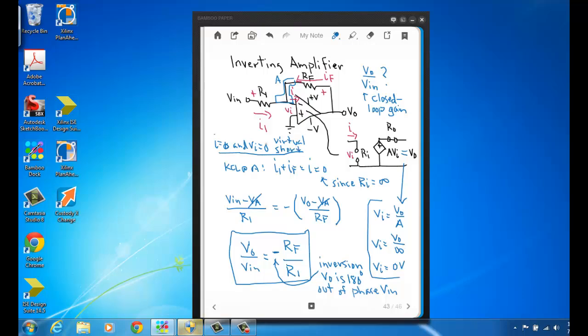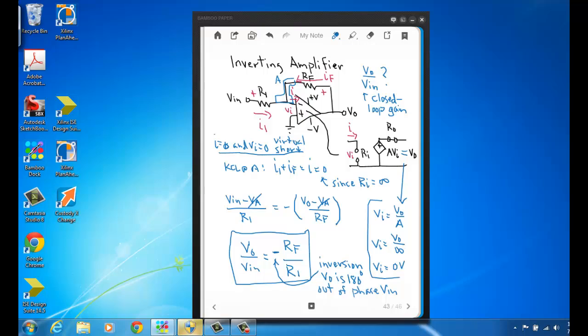This is different than a physical short like you learned in circuit theory. A physical short, the resistance is equal to 0, and remember the voltage current relationship for a physical short is that there's 0 volts across a short no matter what the current is.